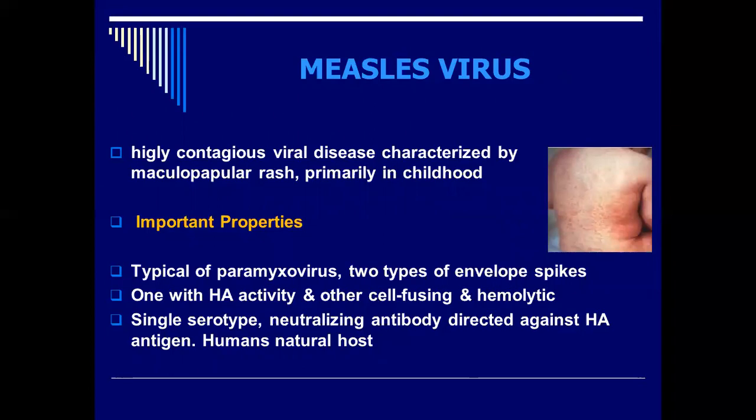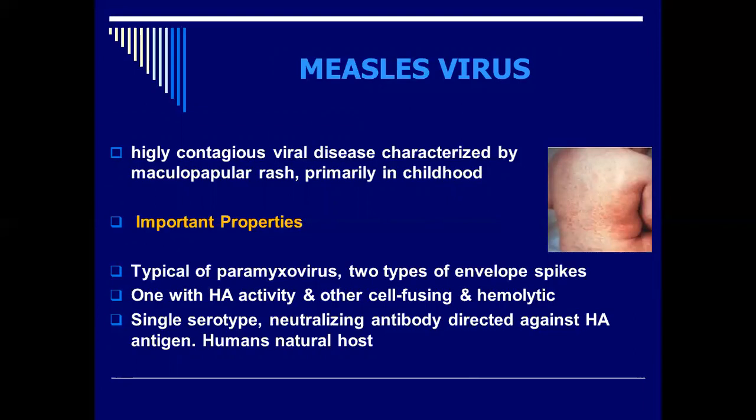Now, maculopapular is a blend of two words, the macule and the papule. The macules are flat, discolored skin lesions, whereas the papules are small raised bumps. So the maculopapules are made of both the flat and the raised skin lesions that we see in case of measles.